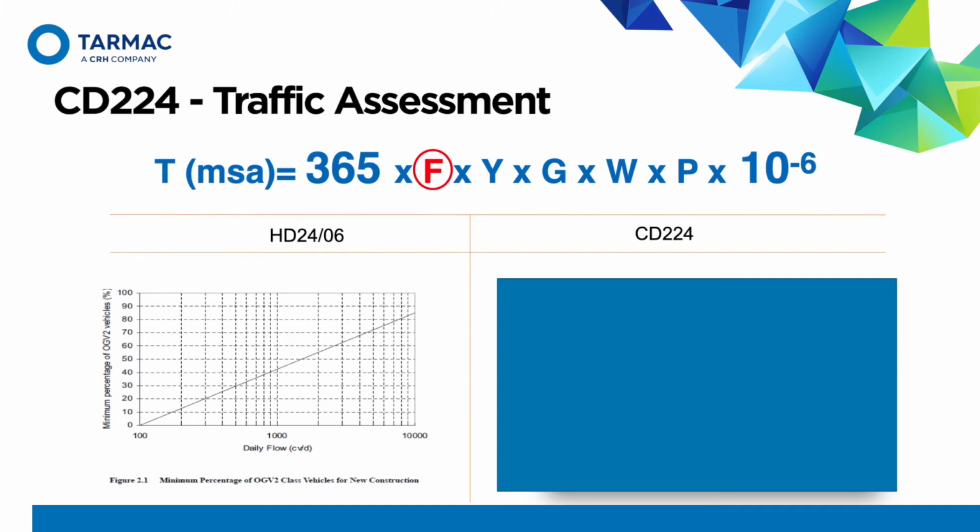To start with, F, the annual average daily flow. Formerly, in the HD24/06, the minimum percentage of OGV2, other goods vehicle class 2, was obtained from a figure based on the daily flow of commercial vehicles per day.